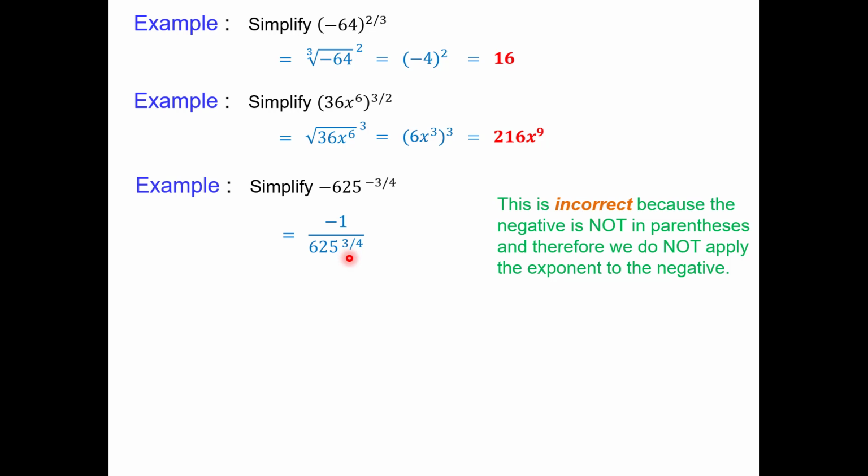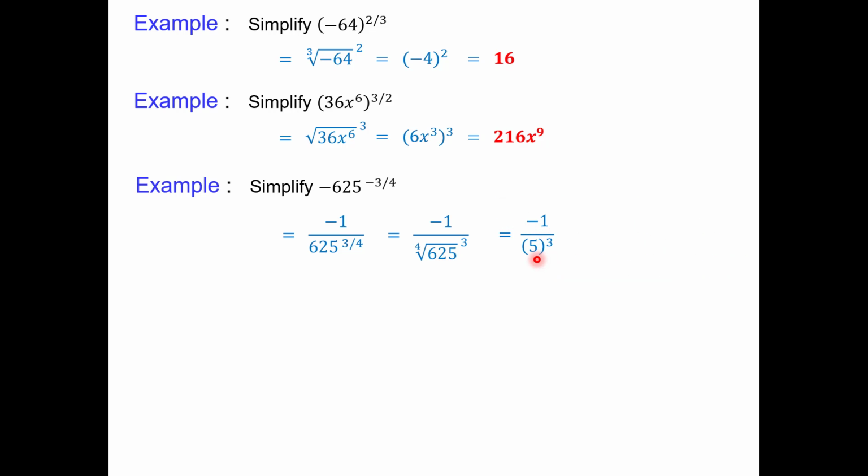Then we can rewrite with a radical, and this represents the fourth root because the denominator is 4, and then that quantity to the third power. And so we can say, well, what number times itself 4 times is 625, and that number's 5. So 5 cubed on the bottom, and we have -1 over 125.